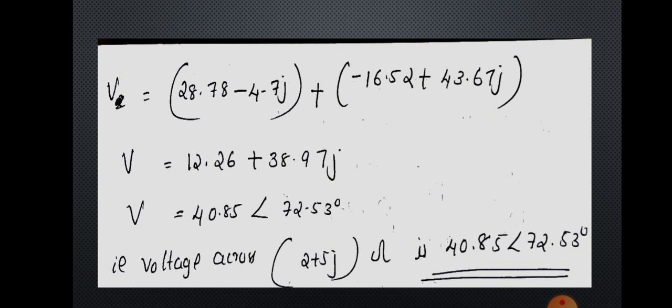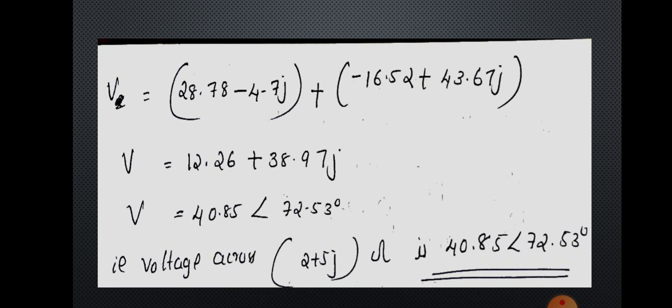So we will get the rectangular form as 28.78 minus 4.7j plus minus 16.52 plus 43.67j. So the total voltage will be equal to 12.26 plus 38.97j. And in polar notation it is 40.85 angle 72.53 degree. So the voltage across 2 plus 5j ohm is 40.85 angle 72.53 degree.